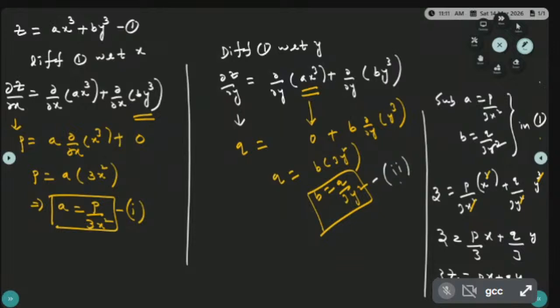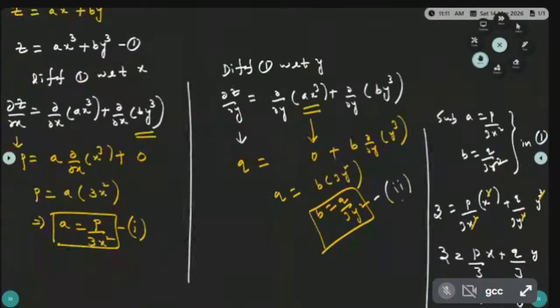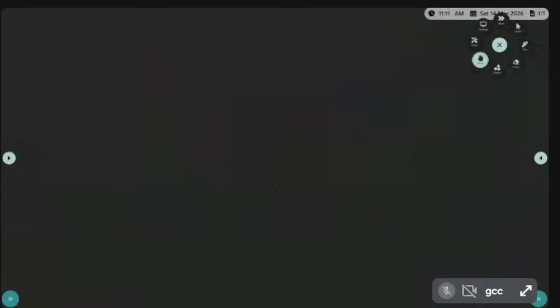Now take the new heading. Formation of partial differential equations by eliminating arbitrary functions.